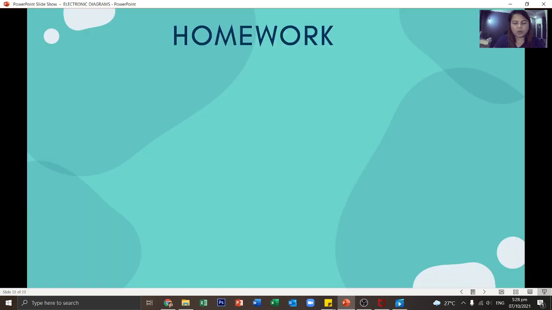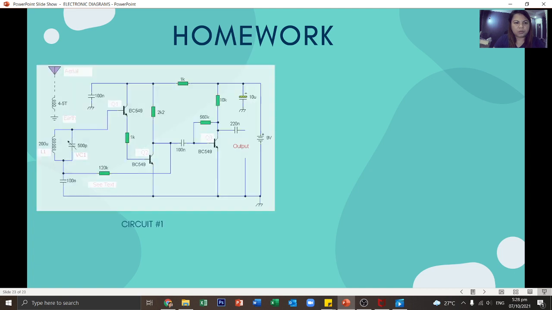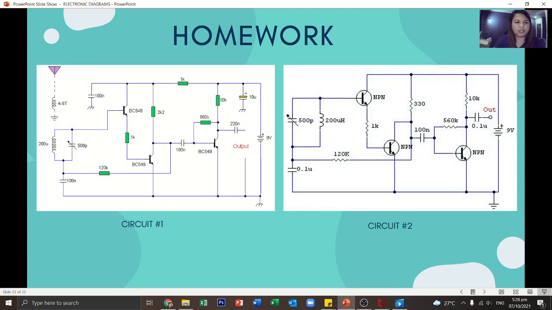Now you have your homework. What you're going to do, we have here two circuits. Applying your learning about schematic diagrams and their components, you need to label all the components here using prefix letters and numbers.